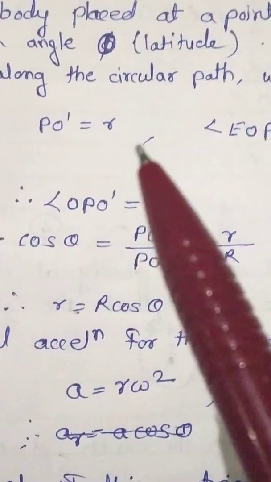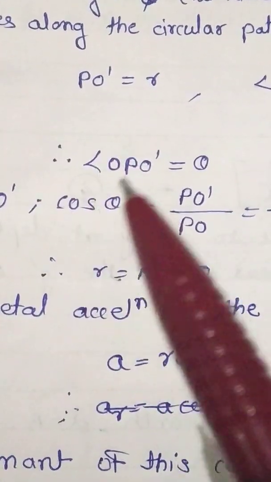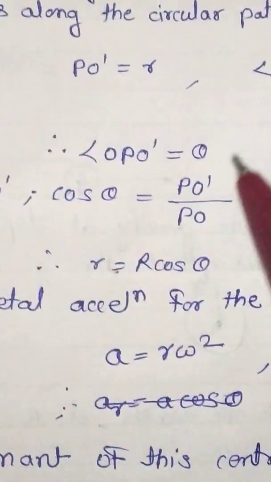So we know that PO dash is equal to R, and angle EOP is equal to theta, and therefore angle OPO dash is equal to theta.